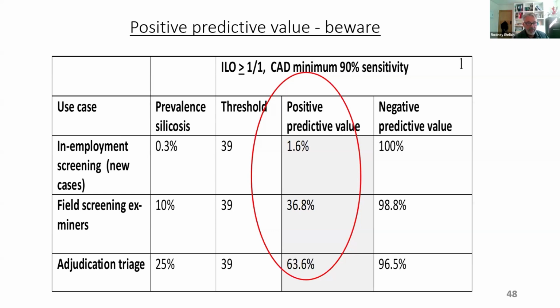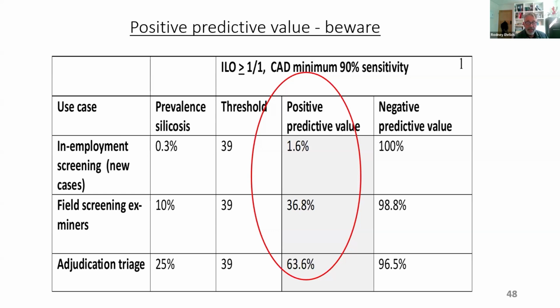This reverses it, quite fundamentally. Of all those assigned as positive by the CAD system, what proportion would be confirmed by the gold standard, in this case, the human reader? And it's a law of positive predictive value, that the less common your disease is, and people who've done public health and clinical epidemiology will understand this, the poorer your positive predictive value.